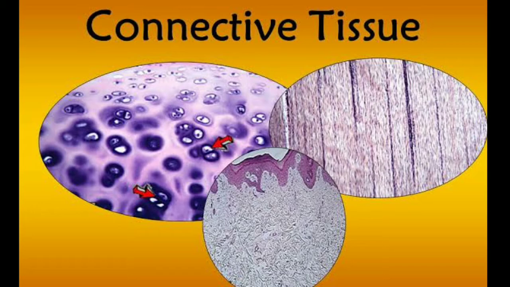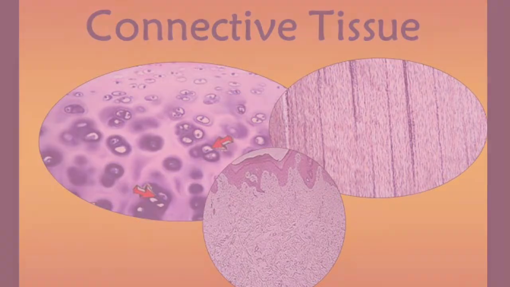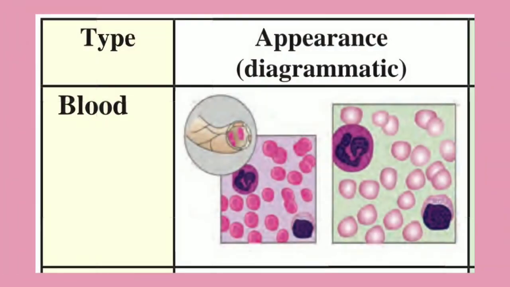So, the different types of connective tissues, let us study them one by one. The first type we have is blood. Yes, blood is also a type of connective tissue. They are the closed circulatory system, and blood consists of erythrocytes, leukocytes and platelets in a liquid plasma.